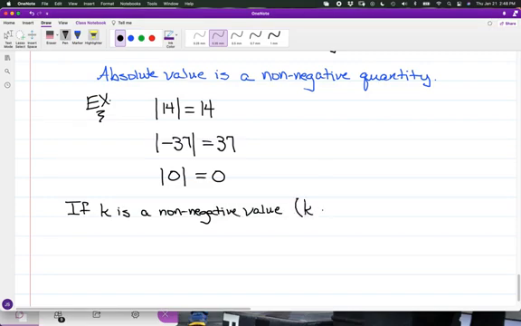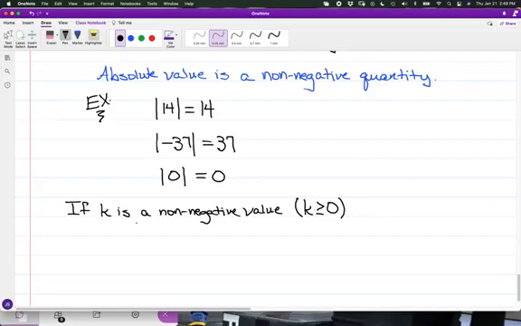That is, k could be equal to 0, or it could be a positive number, whether it's a positive fraction, like positive 4/5, or a whole number, like positive 3, or an irrational number, like say pi.